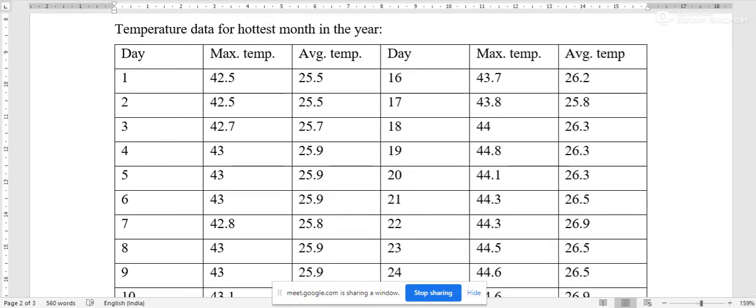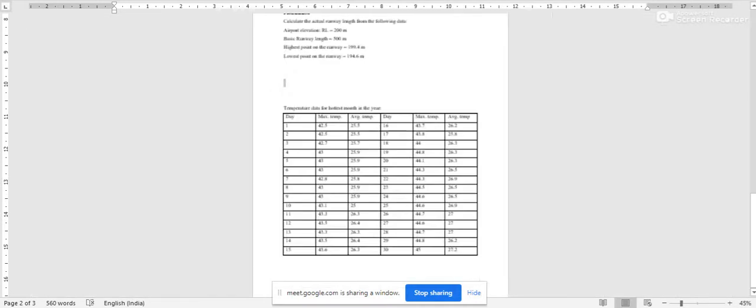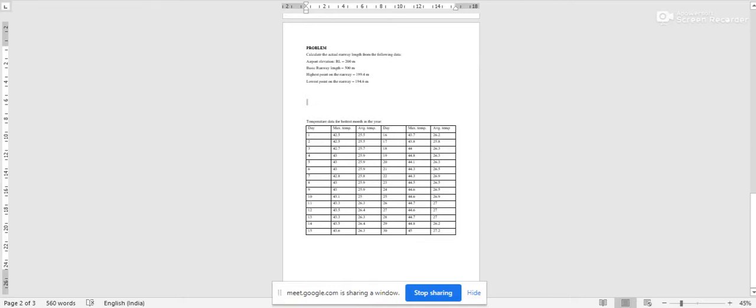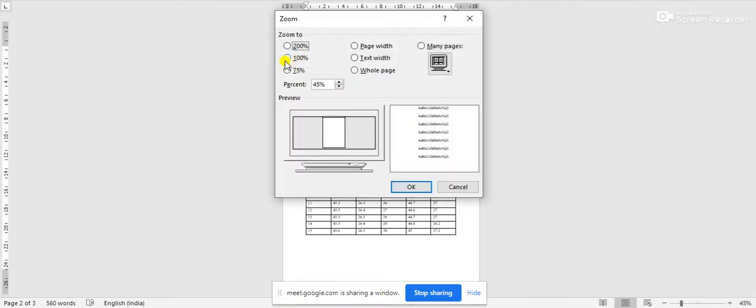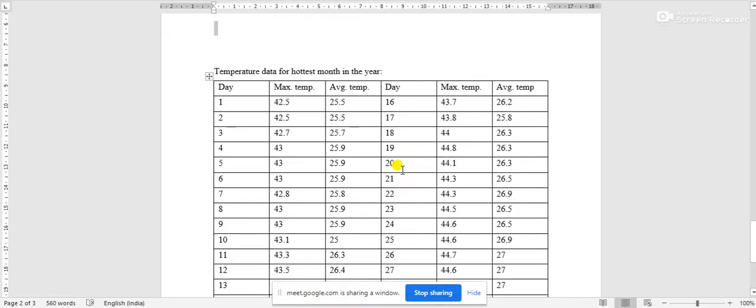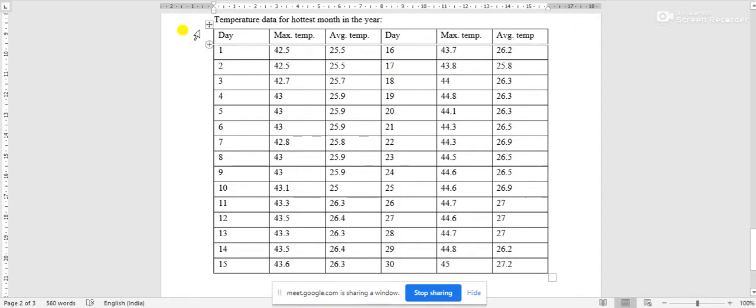Now I'm showing this type of temperature data. In the first column there is day, second column maximum temperature, third column average temperature, and these three columns are the same after day 15.